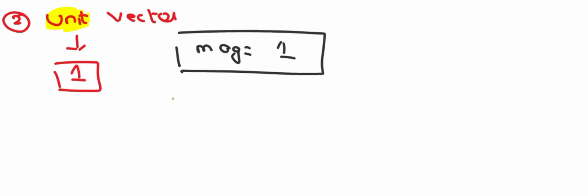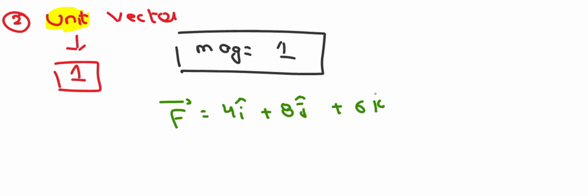So let's suppose the Cartesian form or the vectorial form of force F is 4i plus 8j plus 6k Newton. The letters i, j, and k are basically the unit vectors.